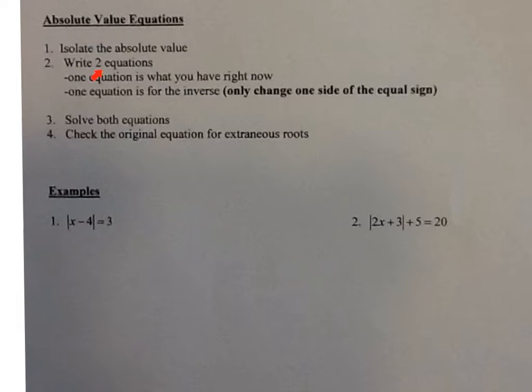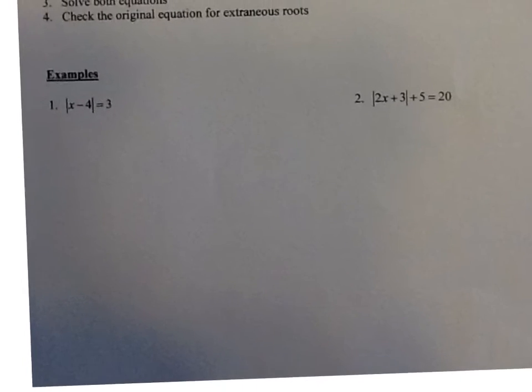Now, you're going to set up 2 equations. One equation is what you have at this point, and one equation is for the inverse. The inverse means you change all the signs, but you only do it to one side of the equal sign. You don't do it to both sides of the equal sign. Then you're going to solve both, and then you're going to check. You always have to check these, because you can get extraneous roots.